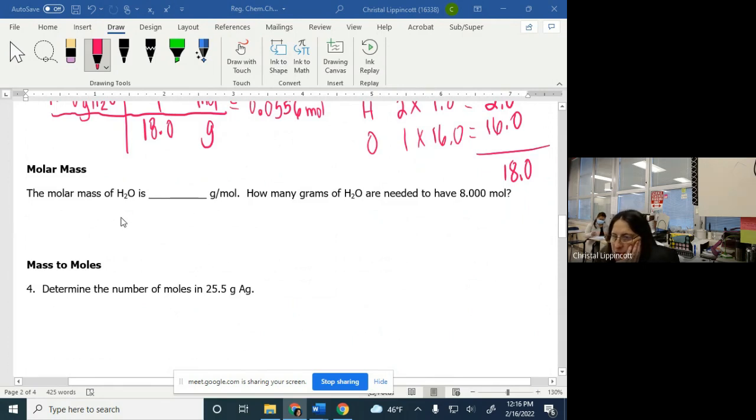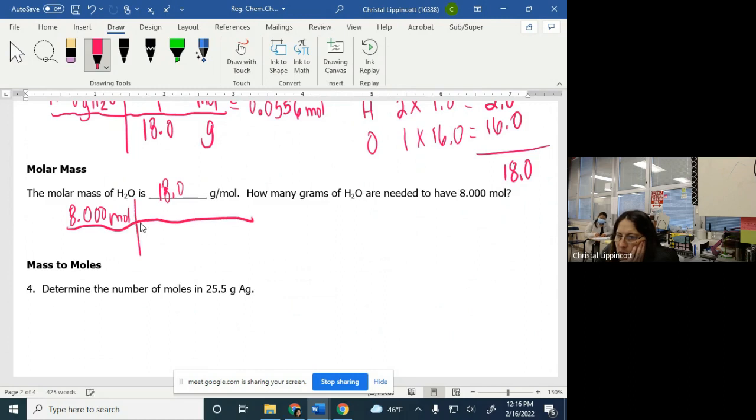So the molar mass of water we just figured out here was 18.0. It's ugly 18 grams. So they want to know how many grams are in 8 moles. So now I'm going to do 8 moles. We want to get rid of moles and we want to go to grams.